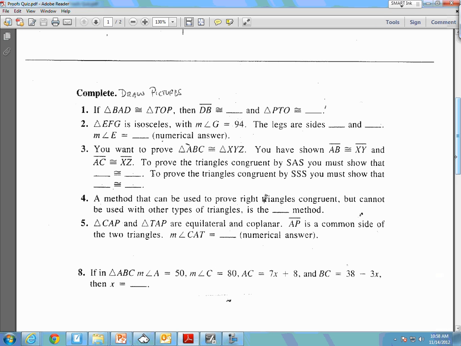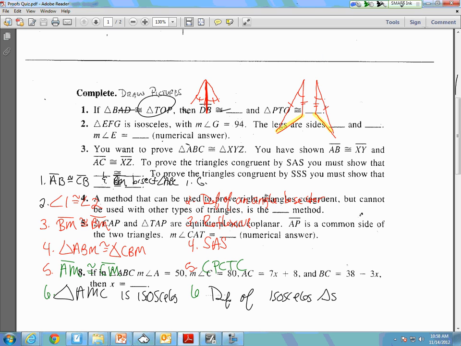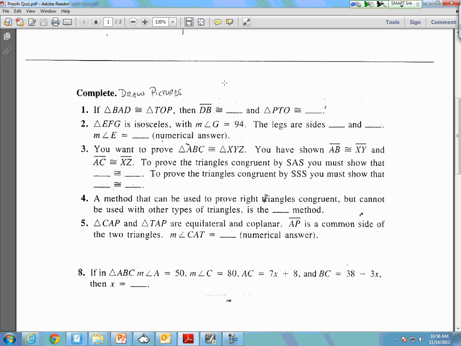Going down to these questions, I told you that the best thing to do is to draw a picture with these. You don't have to with the first one, but BAD is going to go to TOP, then DB, that letter and that letter should match up to P and T. So I'm going to say segment PT. Now if I rename it, reorder it as triangle PTO, the last letter was first.